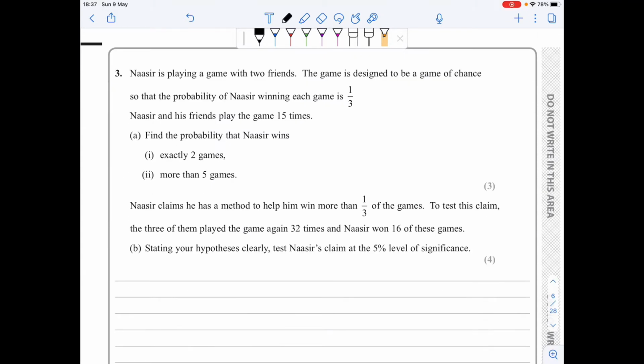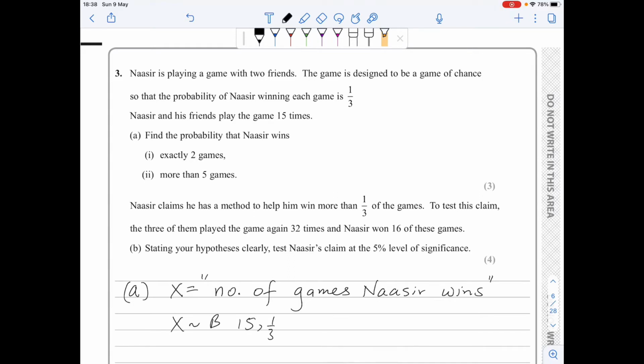Now, I will start question 3 by defining what my x variable will be, or any other letter you want. In my case, it is the number of games he wins. And given this information, x follows binomial with parameters 15 and 1/3.